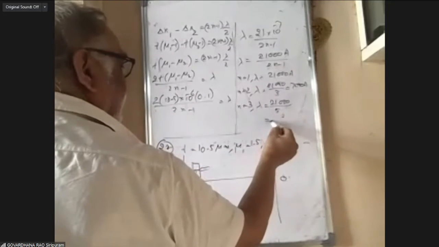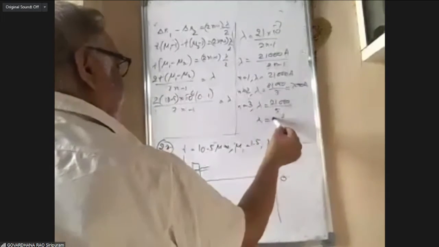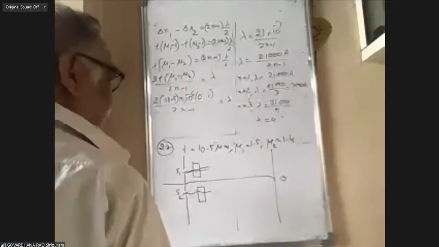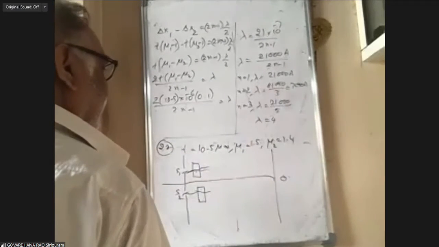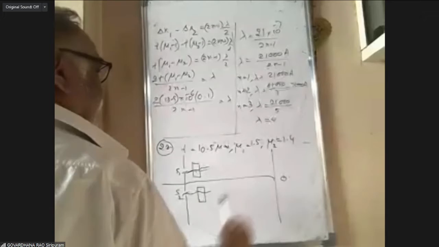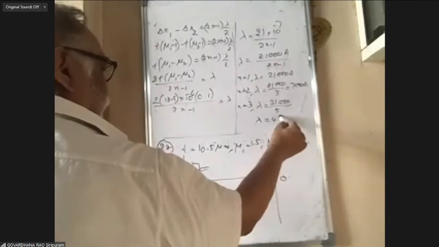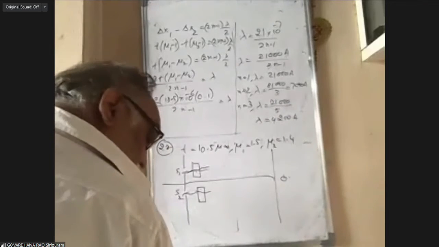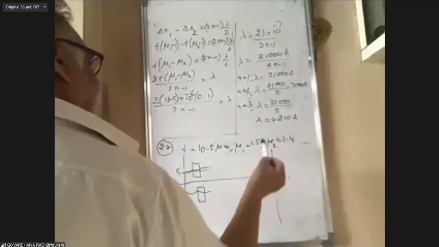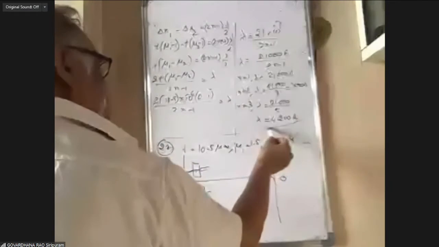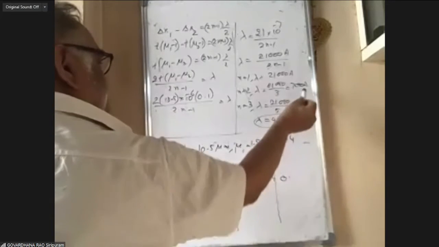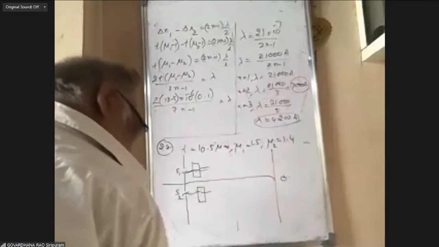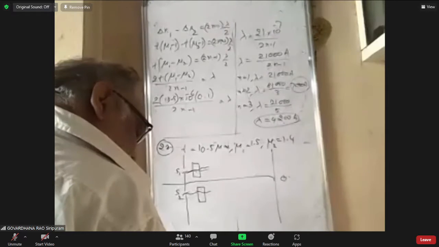That is 4,200. And the wavelength ranges from 4,200 to 7,000. So after that, the fourth option.